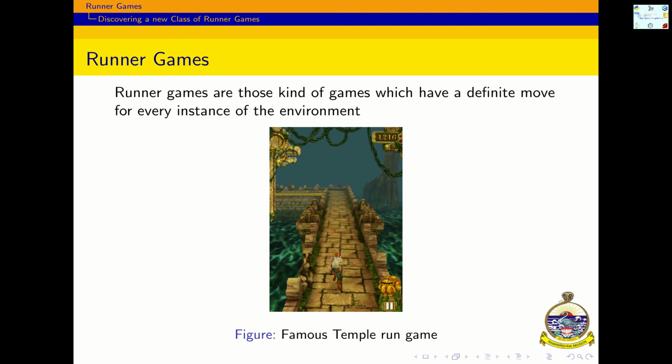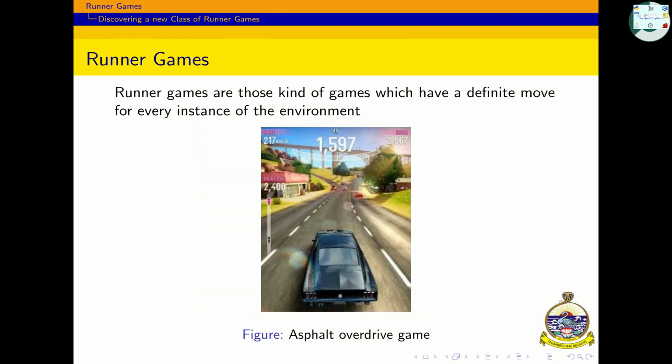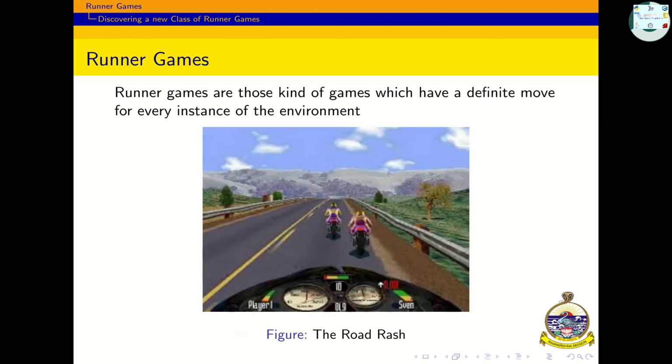Theoretically it can be played, but I'm not sure whether such hardware exists, because it is very hard for the computer to perform real-time computation on such low reflex time. It cannot even play this Road Rash, a nostalgic game, because it is more like this Asphalt Overdrive game.